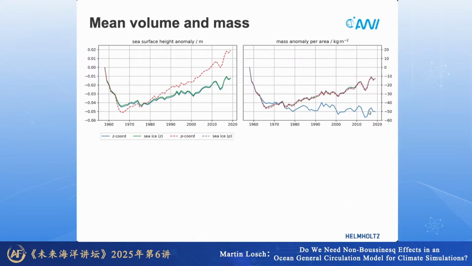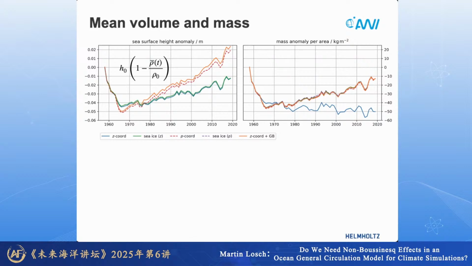Now we can apply the Greatbatch correction that I talked about. This is the error really that we are making. And if I apply the Greatbatch correction, which is super simple, you suddenly get much more accurate results. So the orange line, with the z-coordinate model.